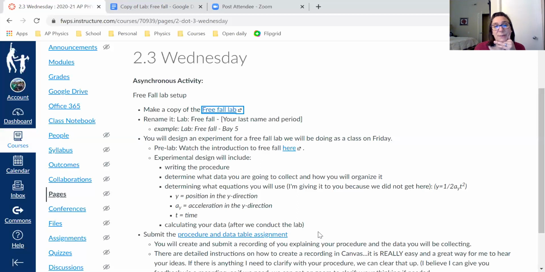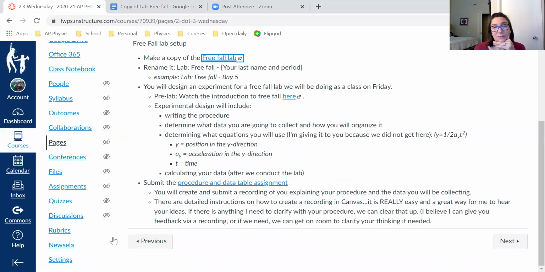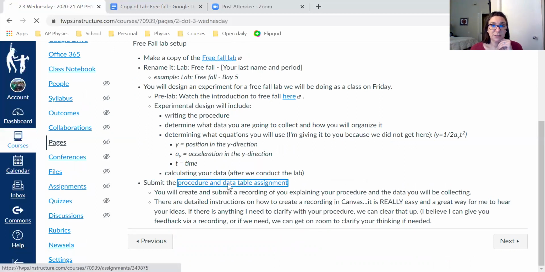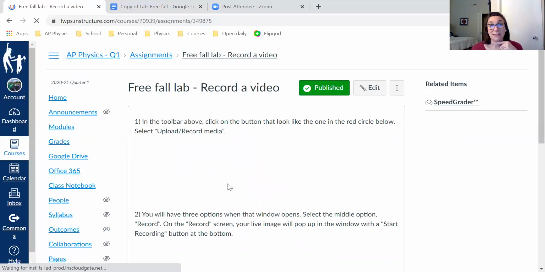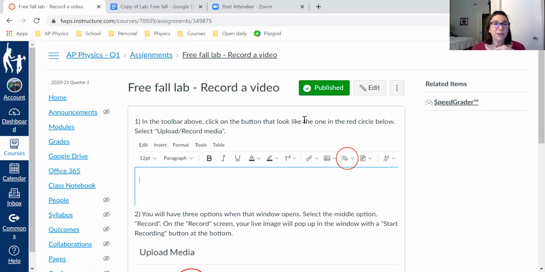In order to submit it, this right here is what you need to do. So you are going to procedure, data table assignment. There is a way for you to upload a video of yourself, your own recording like this. So when you, and I hope this works for you, it might look different, but look for a button that looks like this.